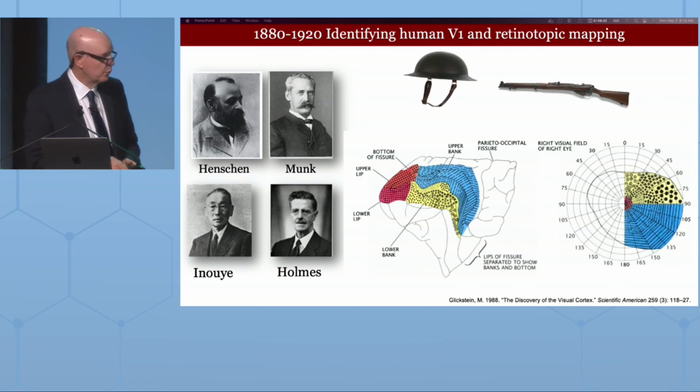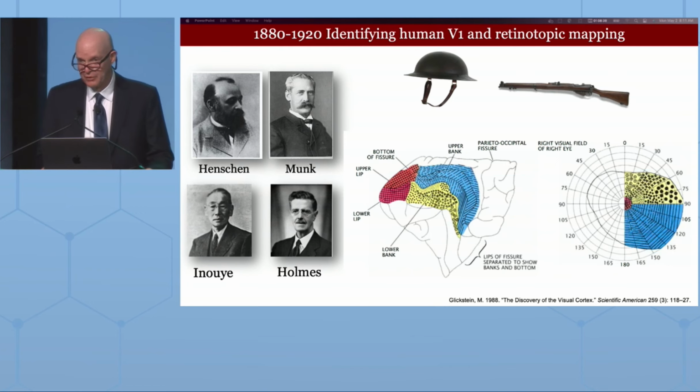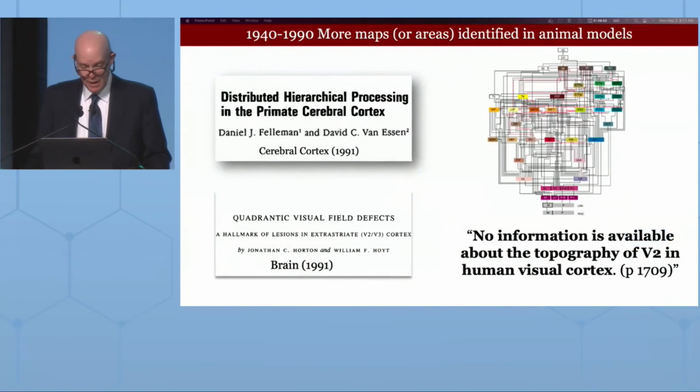The reason for this was that the bullet wounds from the wars in those days were non-lethal, and a lot of people would have injuries and little lesions or significant lesions in visual cortex. By mapping those lesions, they could learn where it was they were blinded by the bullet that passed through their brain.